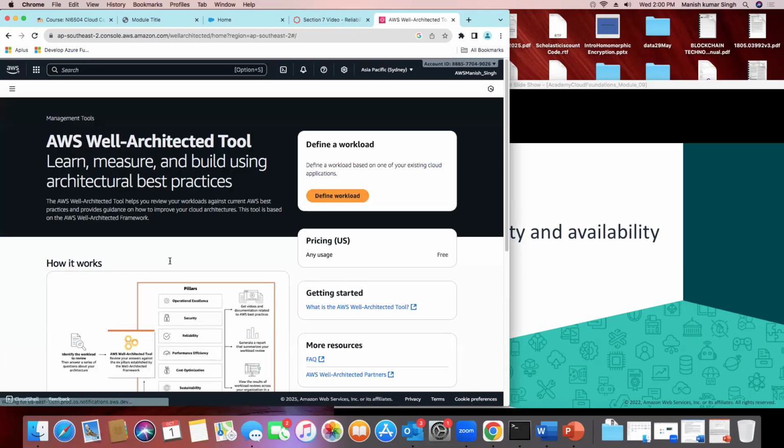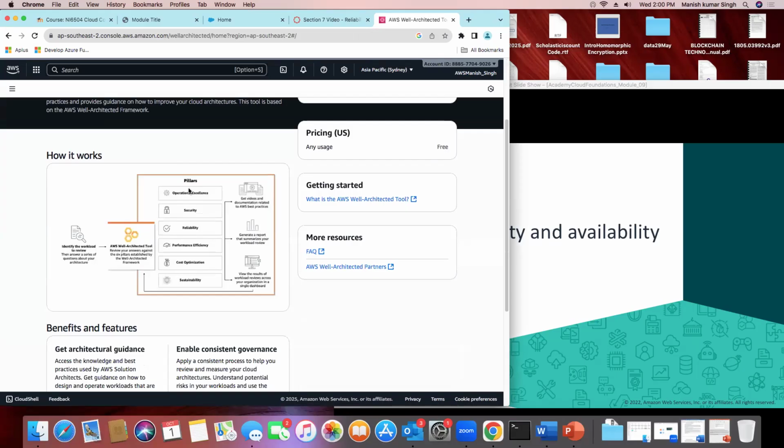Right now, you can see the thing we just discussed: the pillars of operational excellence, security, reliability, performance efficiency, cost optimization, as well as sustainability, right? Sustainability we didn't look at. We'll look at it in the next section.